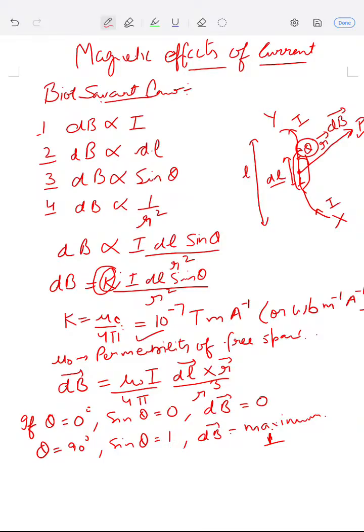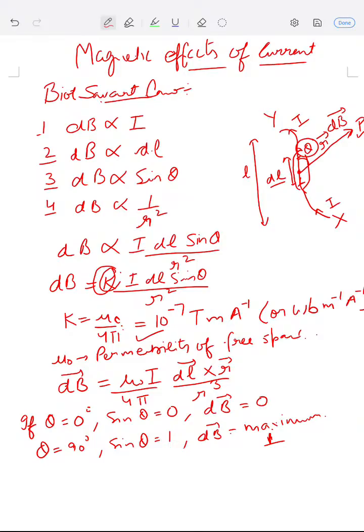After taking theta equals 0, we got sine theta is 0, so the magnetic field is also 0. If we take theta equals 90 degrees, then sine theta will be 1, and the magnetic field produced will be maximum along the length of the wire of the conductor.